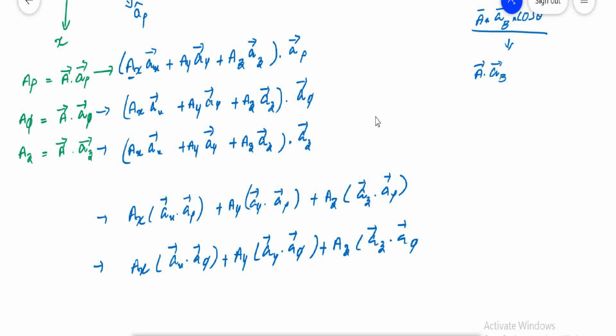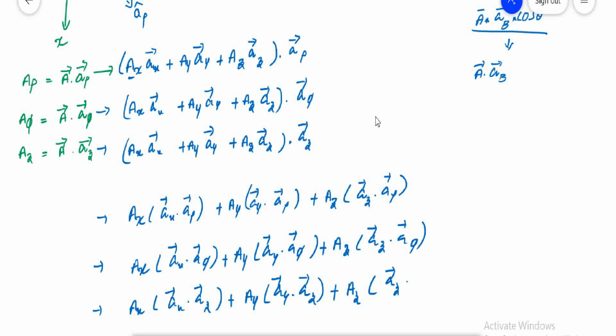Next, the third one is ax dot a z plus ay dot a z plus az dot a z.